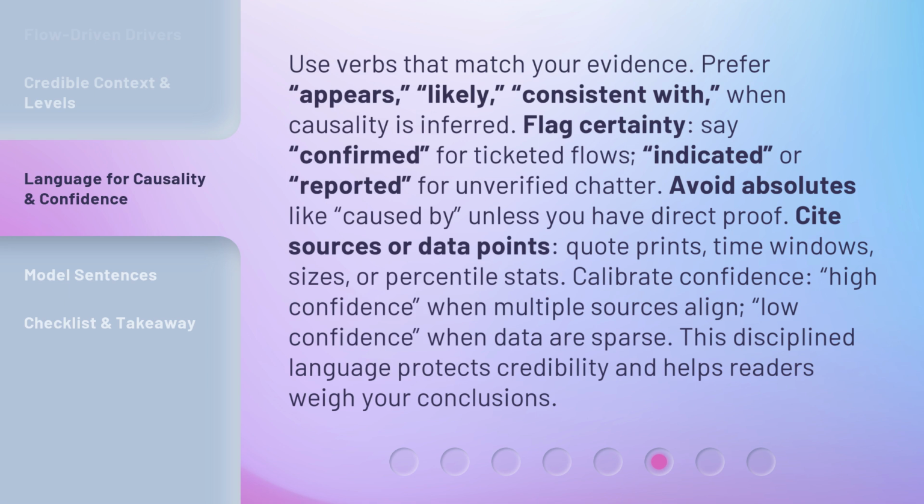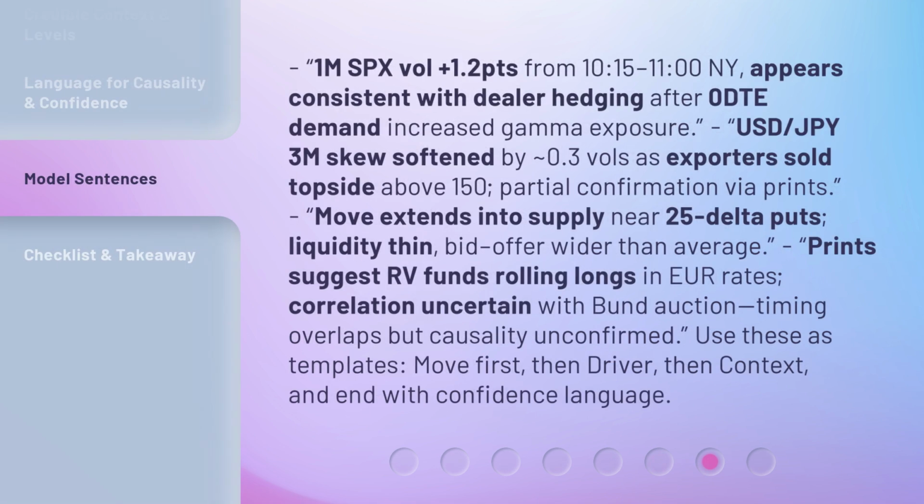Cite sources or data points: quote prints, time windows, sizes, or percentile stats. Calibrate confidence. High confidence when multiple sources align. Low confidence when data are sparse. This disciplined language protects credibility and helps readers weigh your conclusions.